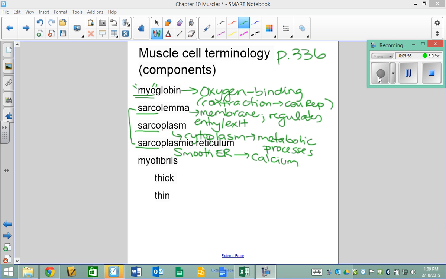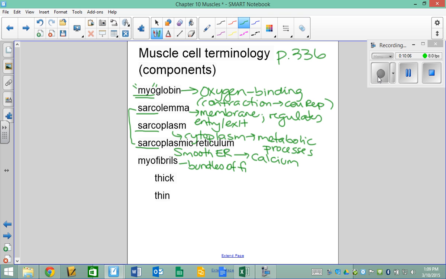Now, the last two things are the myofibrils. So what is a myofibril in general? It's a bundle of filaments, and there are two types. You have actin and myosin, the thick and the thin filament. So the function of myofibrils really is muscle contraction.